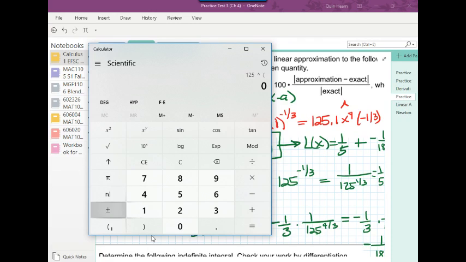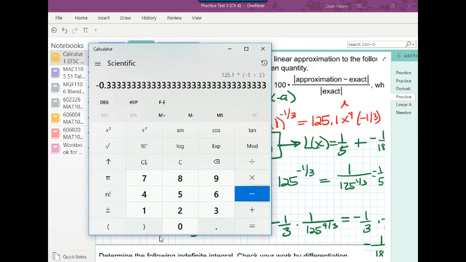All right. So before I slide the screen over to have more room, let's see how many decimal places they want on this. They want 7 decimal places. Don't round until the final answer. Okay.